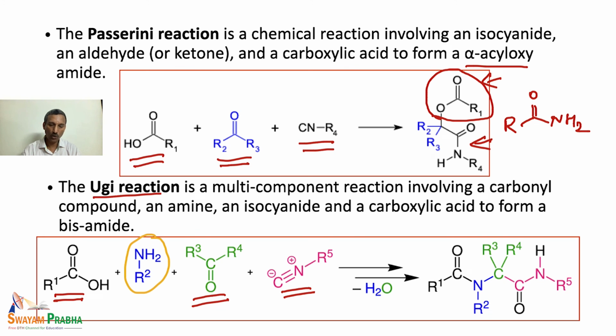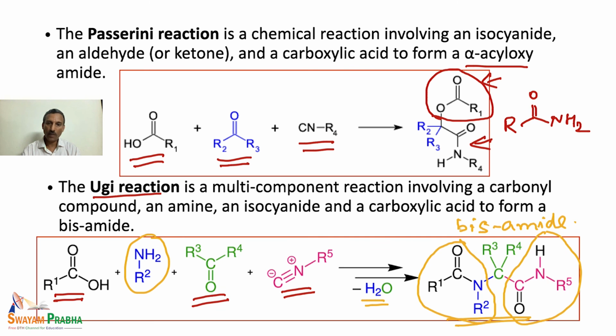So this loses a water molecule, and in a single-pot reaction we end up with the bis-amide. There are two amide units present here. We have one CONH unit here, and we also have another CONH unit. So we have two amide units, and this compound is called the bis-amide.